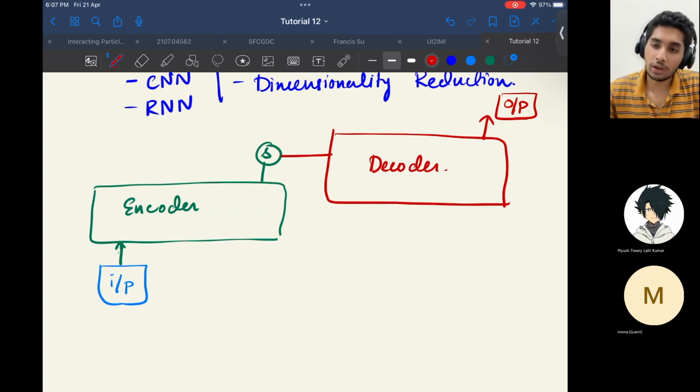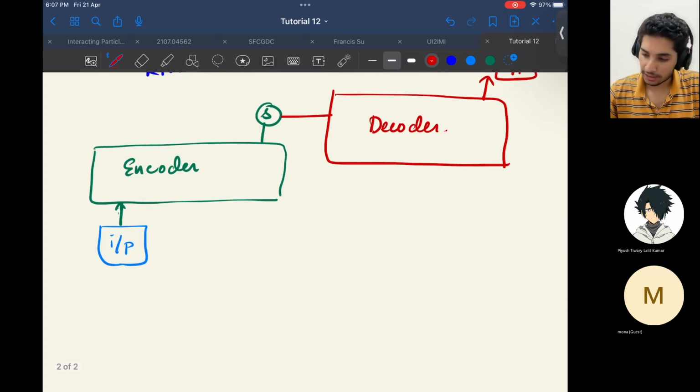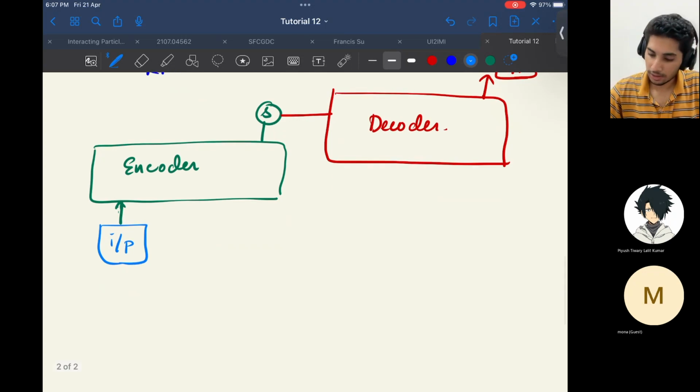All the architectures that are mentioned in this week are like this. I think all of them can be made to fit in this particular category.